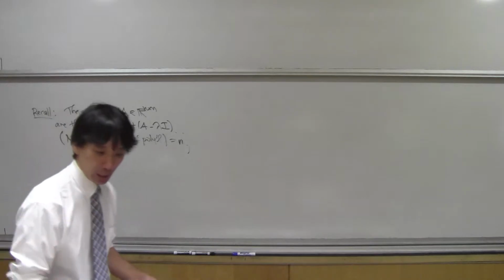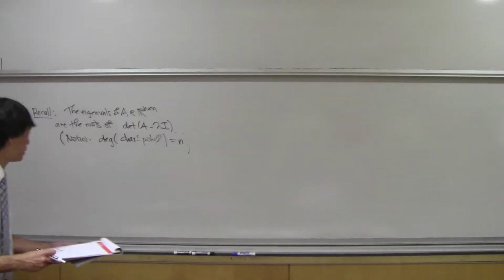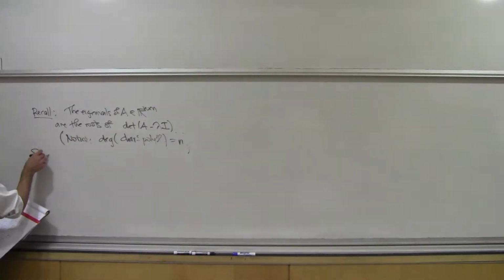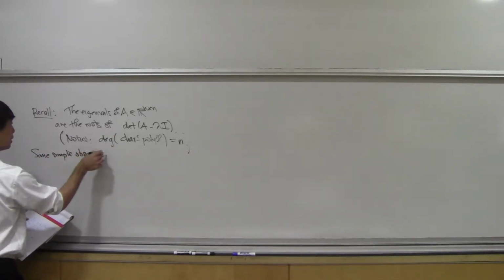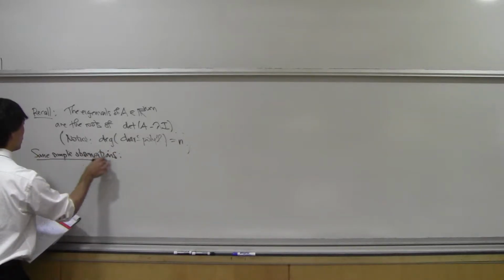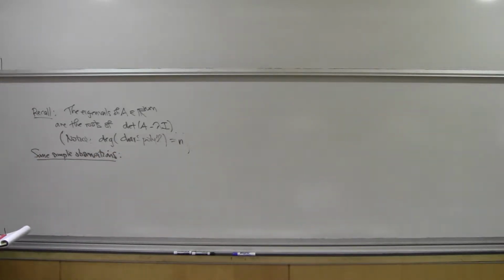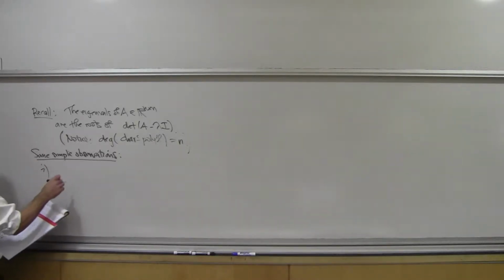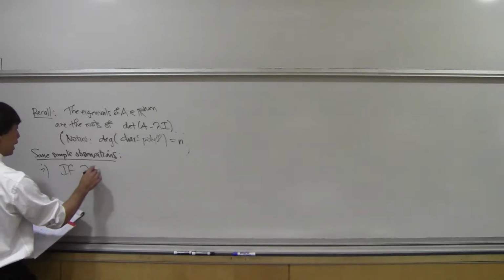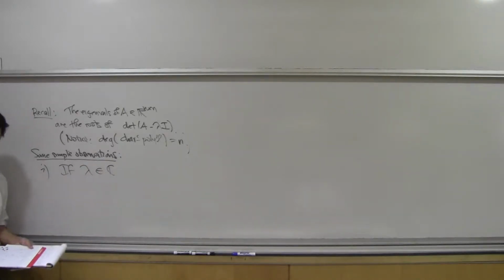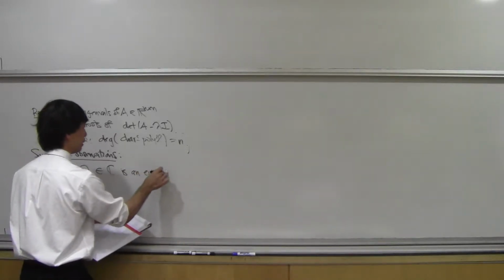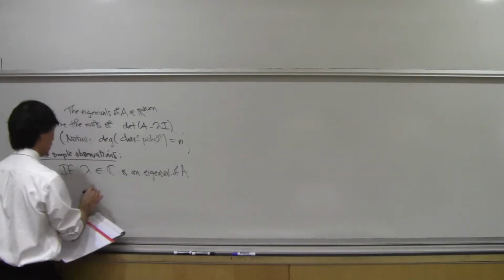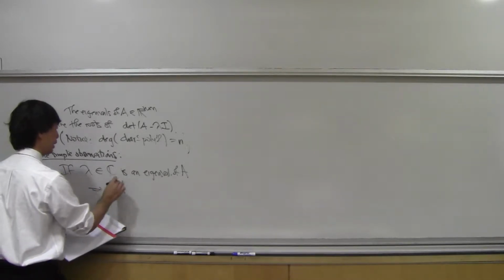So I'm going to make some simple observations. The first one is like this: if lambda is a complex number and is an eigenvalue of A, then lambda bar is also.